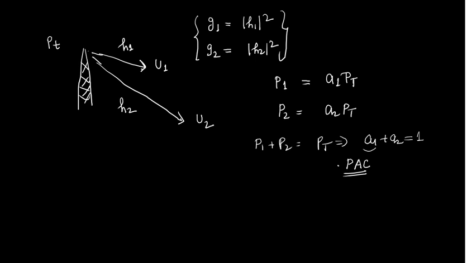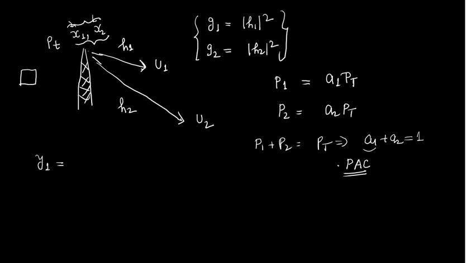So now let's write the received signal at user 1. So Y1 is, if X1 is the symbol which we want to transmit to U1 and X2 is the symbol which we want to transmit to U2. So here we have a modulator, producing X1 and X2. X1 and X2 can be BPSK, QPSK, any signal. So we write that X1 is the signal intended for U1 and X2 is the signal intended for U2.